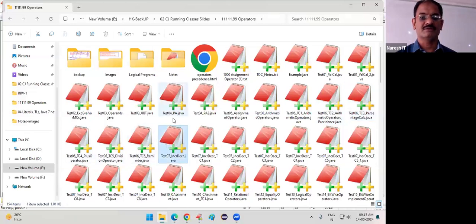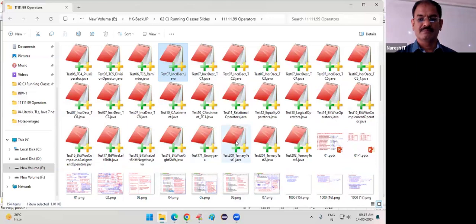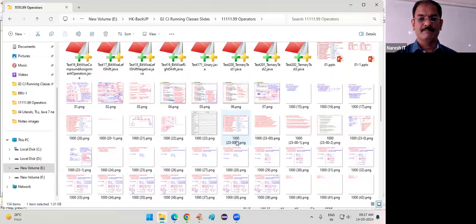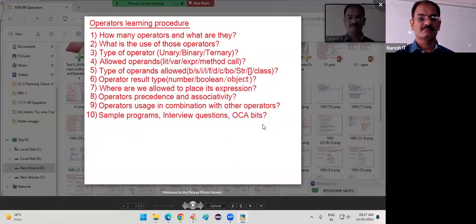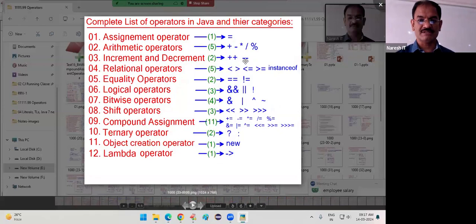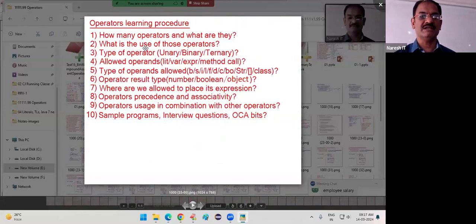First of all, tell me, plus plus and minus minus are the incrementing and decrementing operators. Point number one. Plus plus is the increment operator.